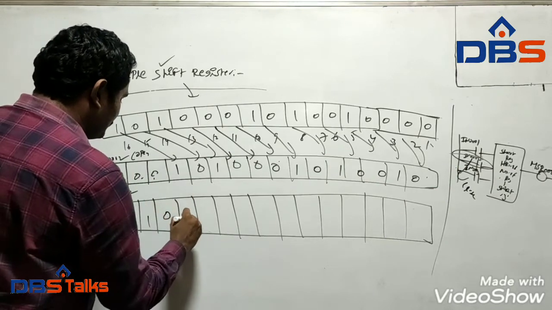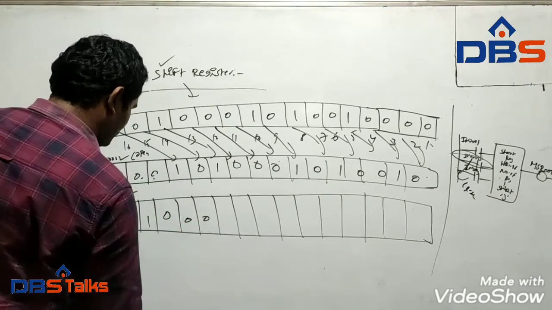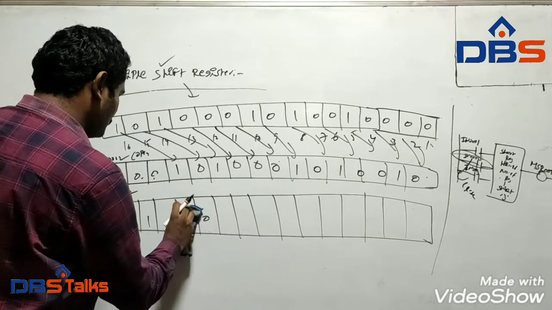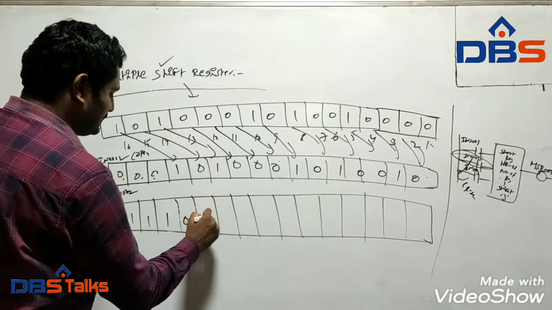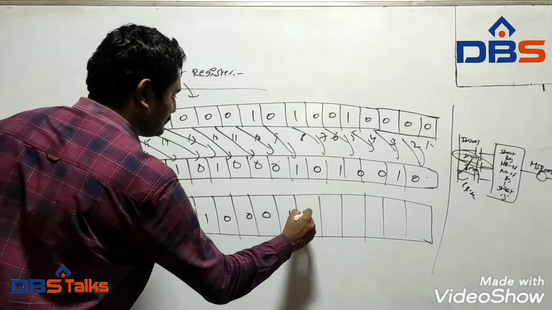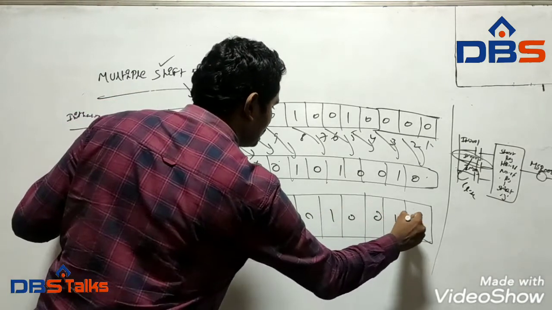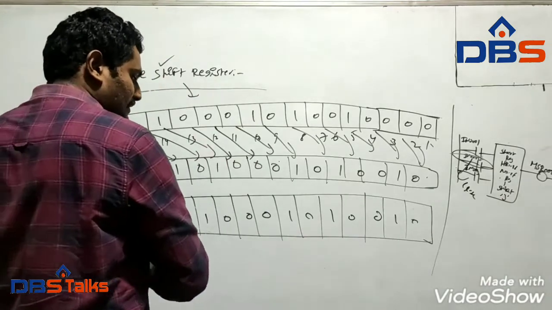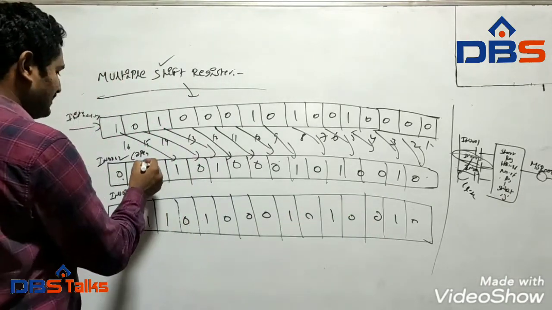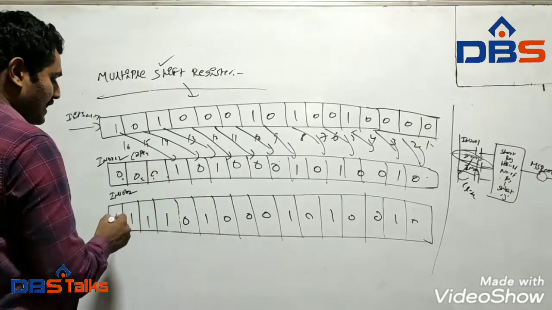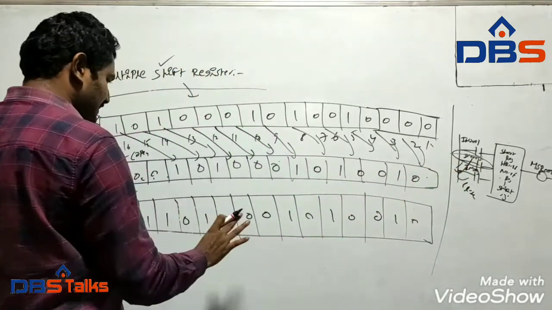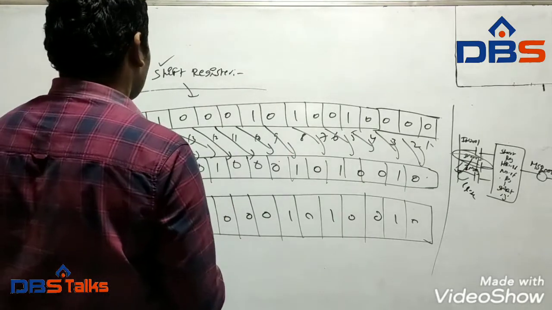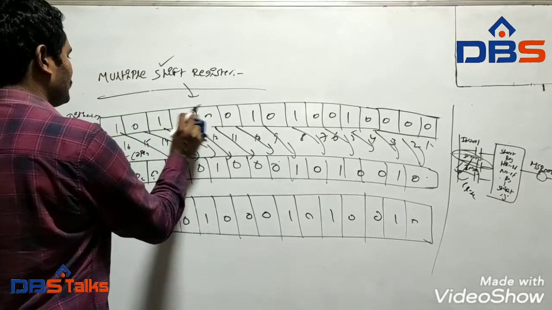Next, we have to move these bits according to this. Like this we have to move these bits. If it is open, we enter 3 zeros, and if it is closed, we enter these ones. So this is the multiple shift register function.